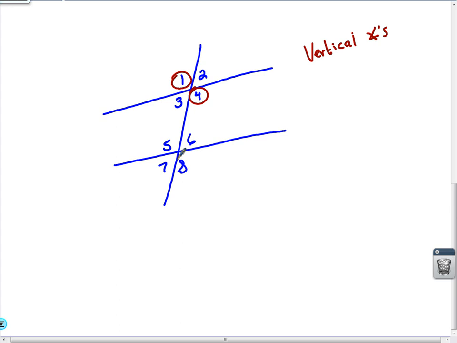So I know that 1 and 5 are congruent, correct? What's true about 1 and 4? They're congruent as well, right? Because vertical angles will always be congruent. So let's say that this is a 100-degree angle. Well, don't we know that these correspond, so wouldn't that be 100? Well, these are vertical, wouldn't that be 100? What's the relationship between these two?